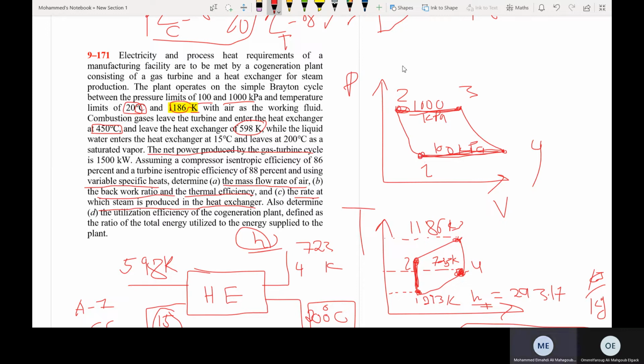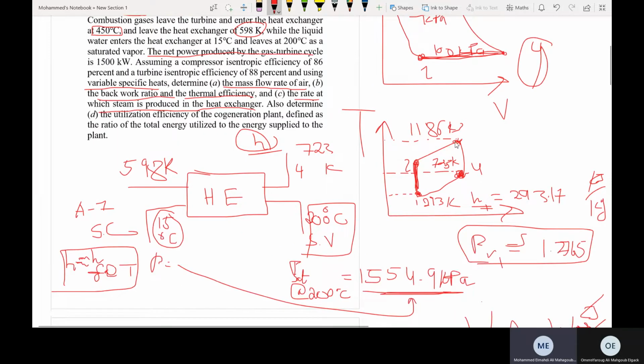You can maybe use the ideal gas relationships, PV over T equal to PV over T, if you need one of the properties. But now we don't need that because we have temperature 3 and temperature 4 directly. Remember, I denoted them here in the cycle.